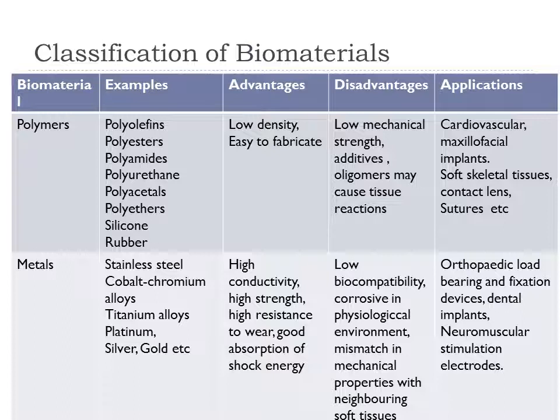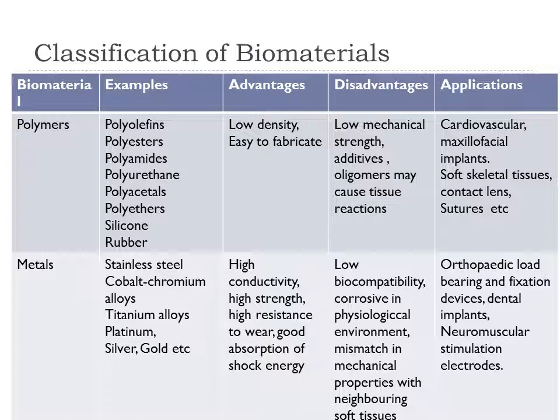Some examples or applications where polymers are used are cardiovascular implants, maxillofacial implants, replacement of soft skeletal tissues, contact lenses, and sutures. The main property why polymers are chosen for these kinds of applications is that they replicate the characteristics of a soft tissue, and second, they have quite a lot of elasticity.